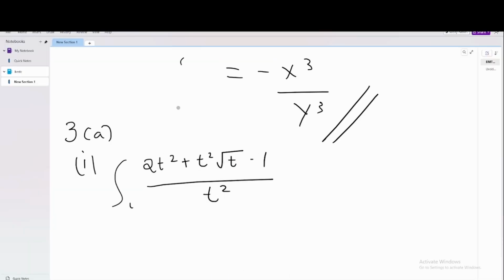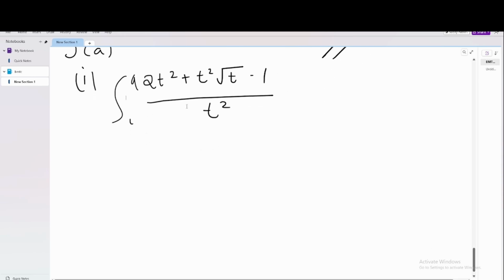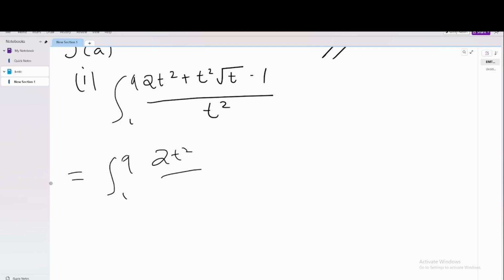Integral 1 to 9. We can divide each term with t square. So rewrite it as 2t square by t square, t square cancels, plus t square root t by t square, minus 1 by t square.